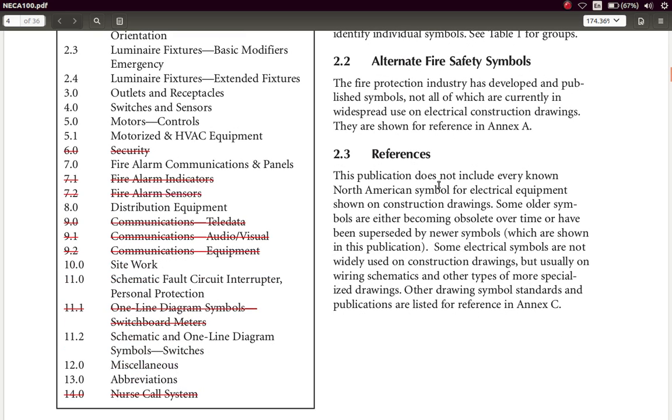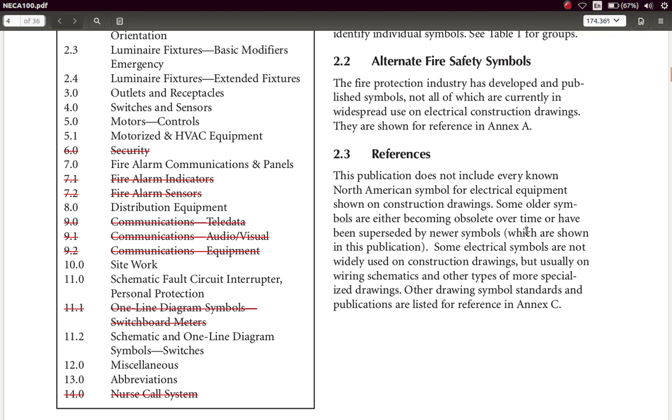References. This publication does not include every known North American symbol for electrical equipment shown on construction drawings. Some older symbols are either becoming obsolete over time or have been superseded by newer symbols, which are shown in this publication.